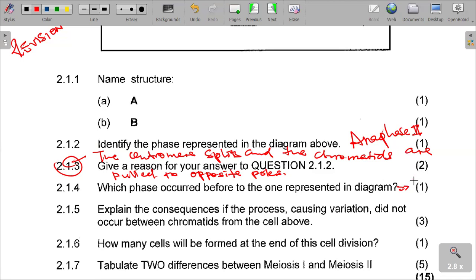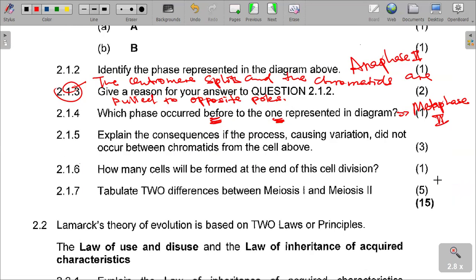Metaphase 2 is the one that occurred before anaphase 2. Please note that. Sometimes other questions might ask which one follows it. So it is metaphase 2 that occurs before this one.